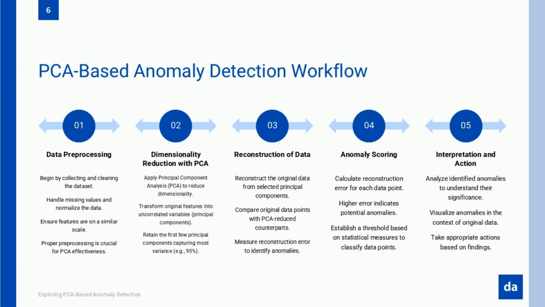From there, decisions can be made, whether it's flagging fraudulent transactions for review, investigating system failures, or identifying unusual patient health records that require medical attention. By following this structured workflow, PCA-based anomaly detection becomes an efficient and reliable method for identifying hidden patterns and outliers.